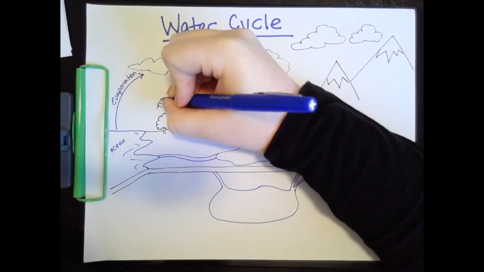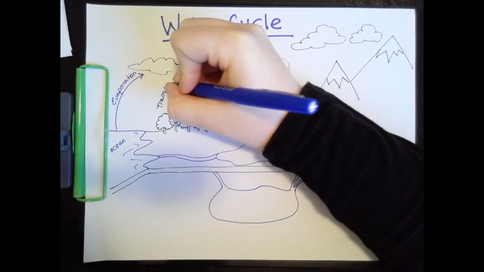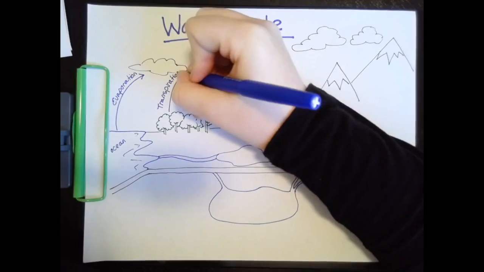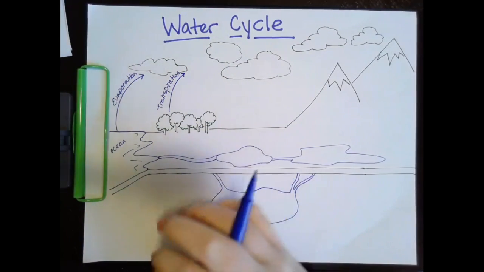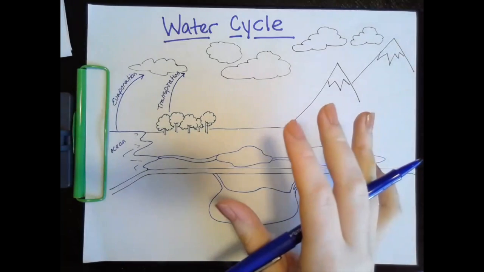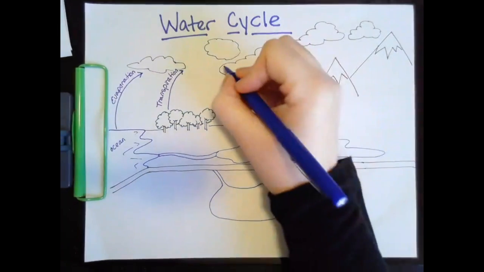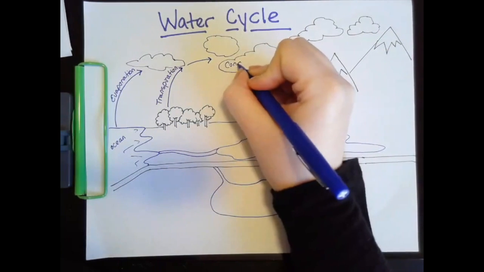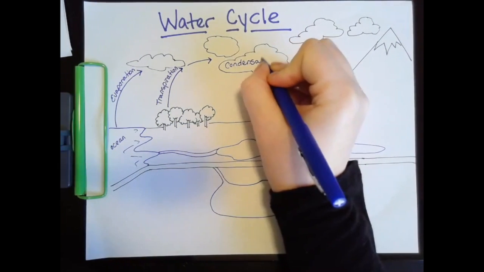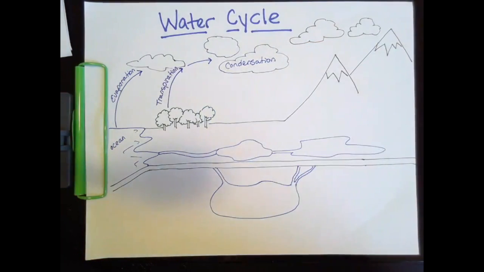So we're going to label that transpiration. So evaporation and transpiration are two ways that our water gets up into the atmosphere. And once it's there, it undergoes a process called condensation. So those water molecules they link together to form clouds.